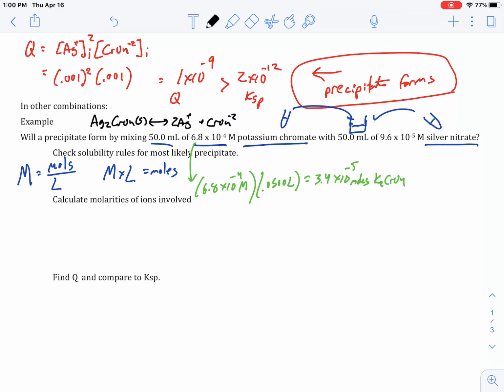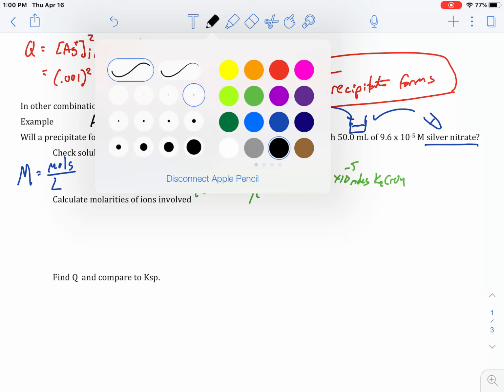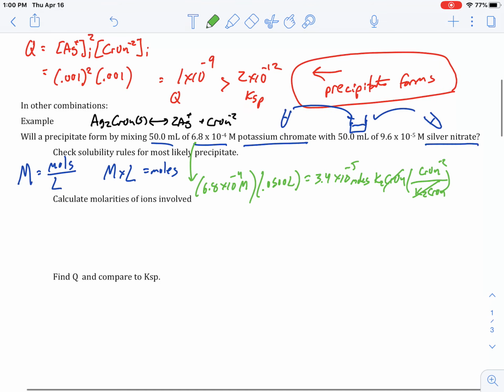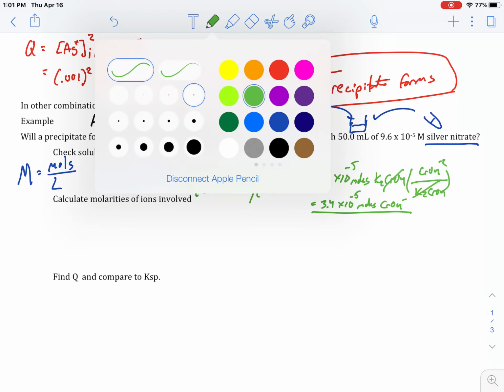So we have to use the proper units, which means for every potassium chromate, there is one chromate in it. So that means we have 3.4 times 10 to the minus 5th moles of just chromate. Okay, those are our moles. Let's do the other reactant.